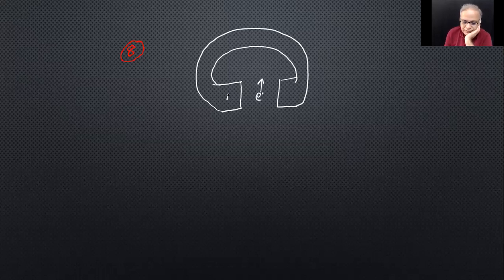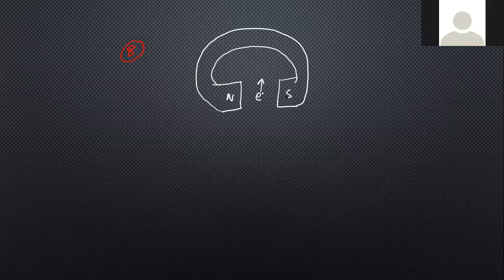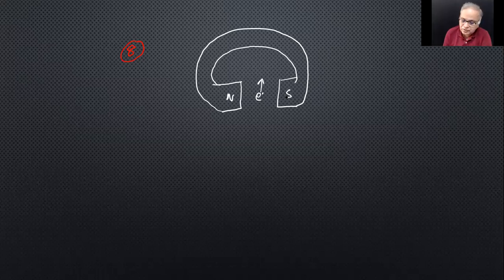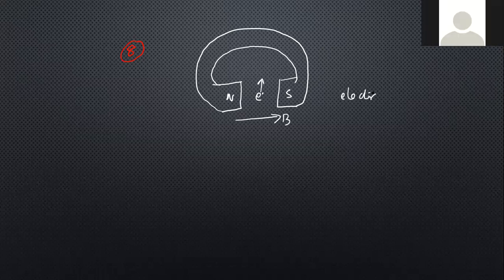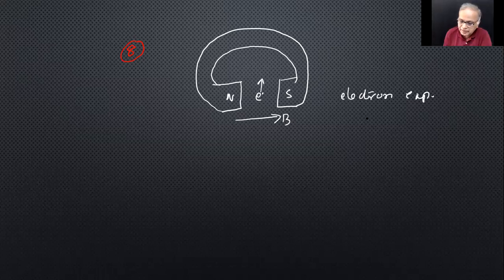So what will happen? There will be a magnetic force on the electron, right? Because this is producing a magnetic field, the electron experiences a magnetic force.